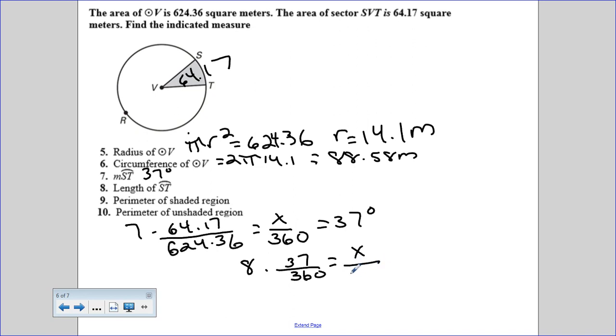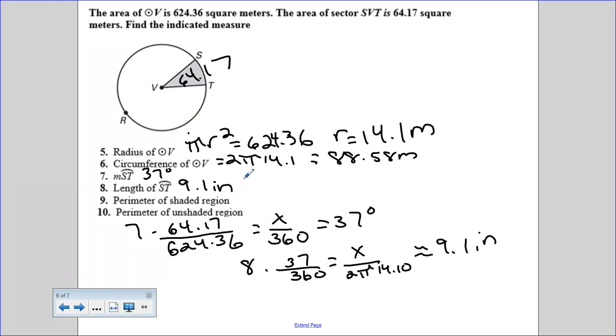All right, in this one I used, because I'm looking for the circumference, 2 times pi times 14.10. Or I could use this because I had already found it. Cross multiply, and you should get it's about 9.1 inches. All right, because I'm looking for the actual length of that.